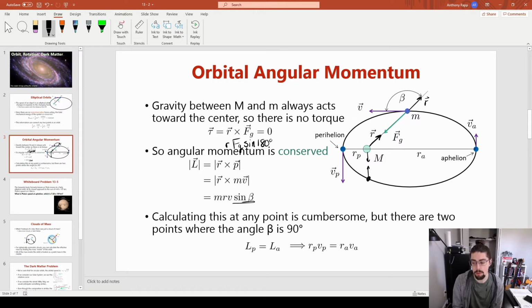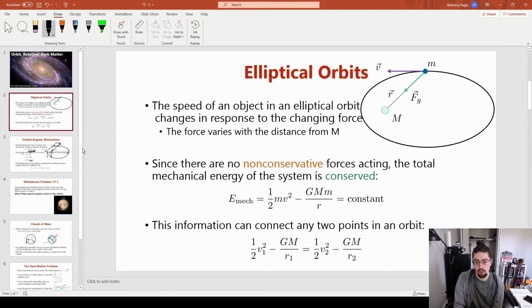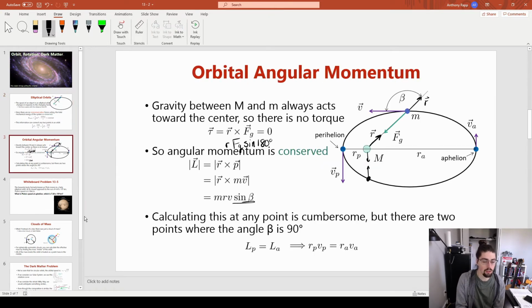Whatever beta should be in any of these cases, this is what we can use to relate essentially where it is in its orbit, where it is going around this thing, how far it is, what speed it is going at these points. We can use this conserved quantity, the angular momentum being conserved, along with our energy conservation to find all sorts of good information about what goes on with a planet. You only need a handful of details to really understand where else this thing is going to be.